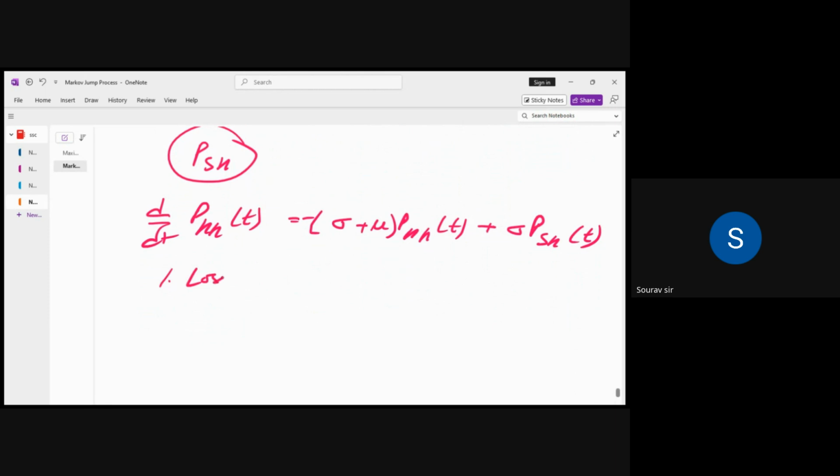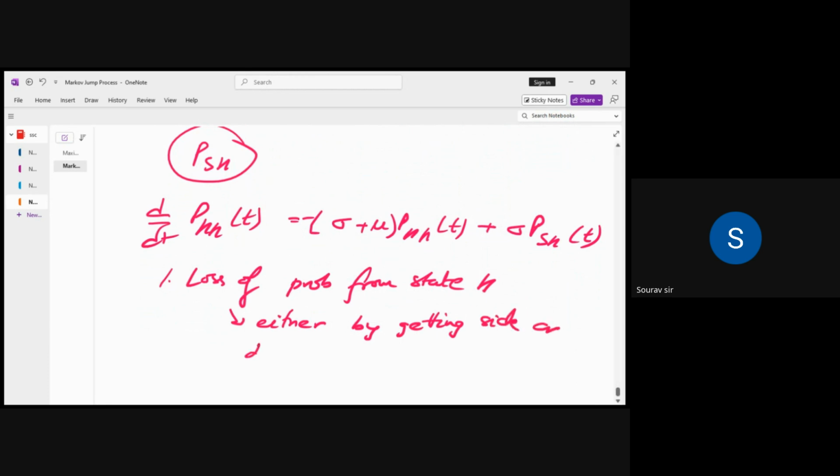First, it is loss of probability from state H, due to an individual leaving H, either by getting sick or deceased, captured by minus (theta plus mu) P_HH(t).